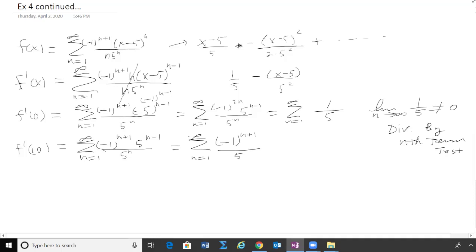So it just alternates. This is like this other one. It alternates between -1/5 and 1/5. So it's still going to diverge by the same test, the nth term test. Okay, so you got to recognize that and state it.